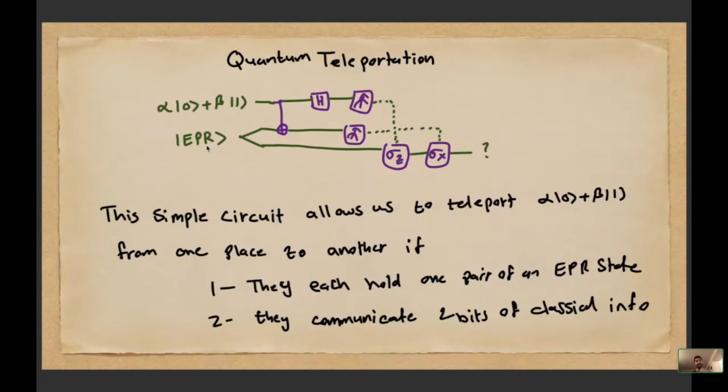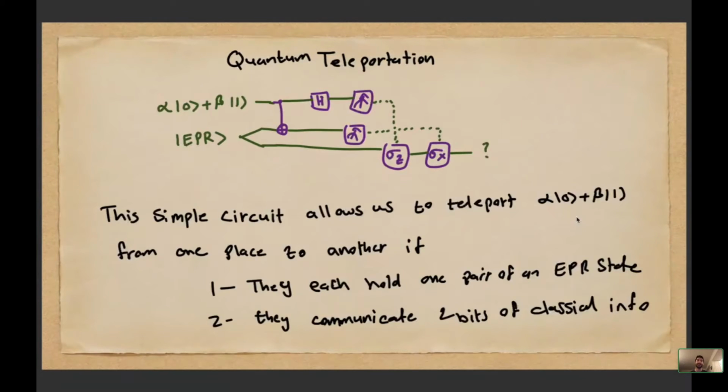Let's say I'm Bob, and I implement this small 4 qubit circuit, 2 gates and 2 measurements, on my qubit that I want to teleport and my part of the EPR state, and then do measurements. Then I just tell Alice literally on the phone whether my first measurement was a 0 or 1, and my second measurement was a 0 or 1. That's classical information that tells her whether she should put a Pauli Z or a Pauli X or not.